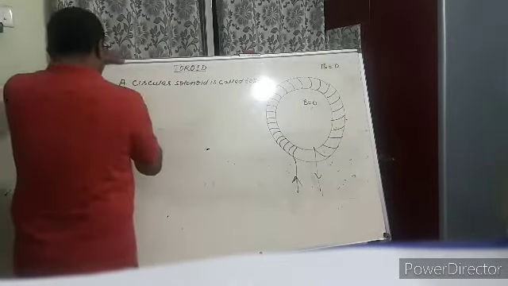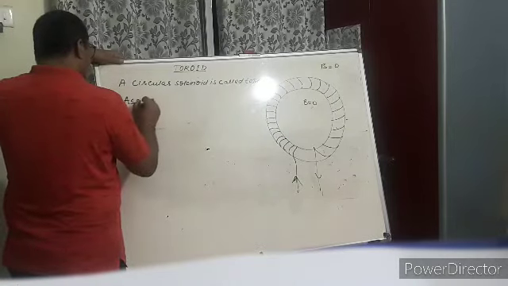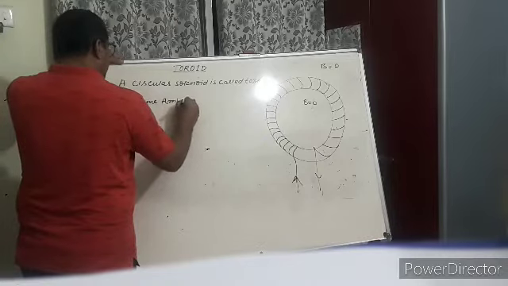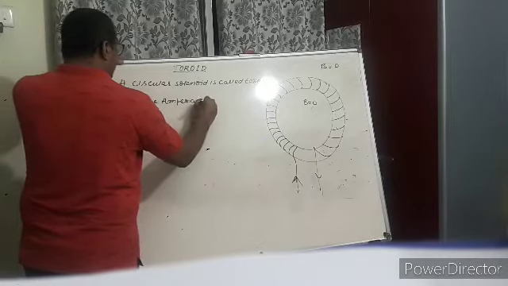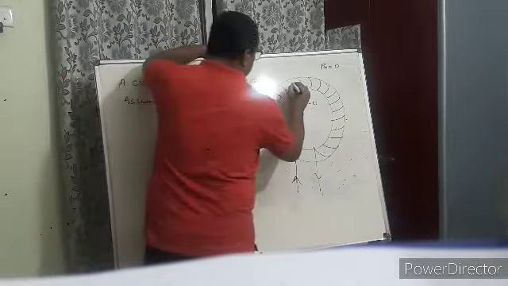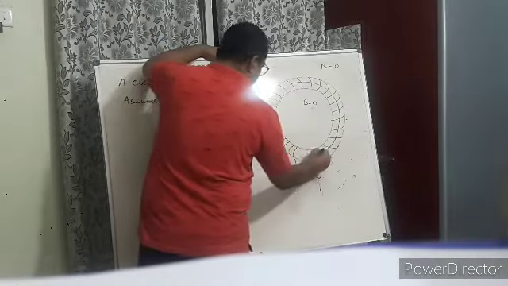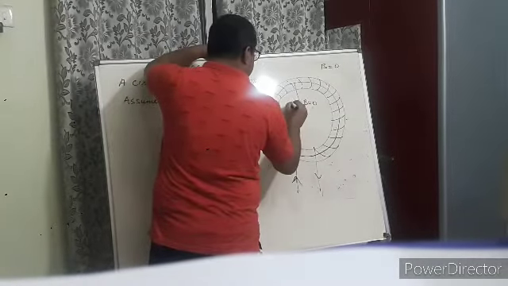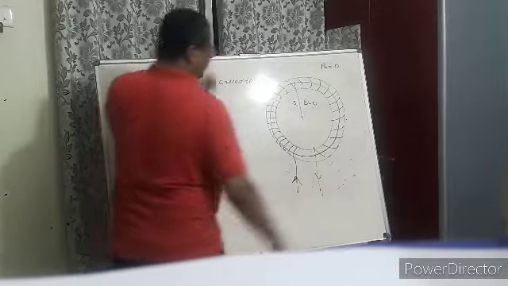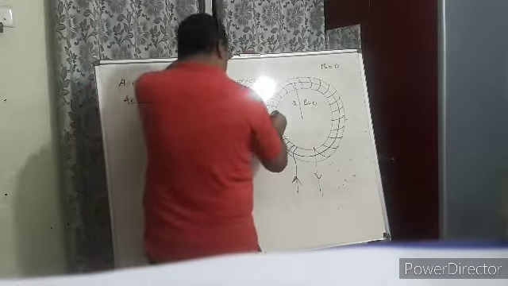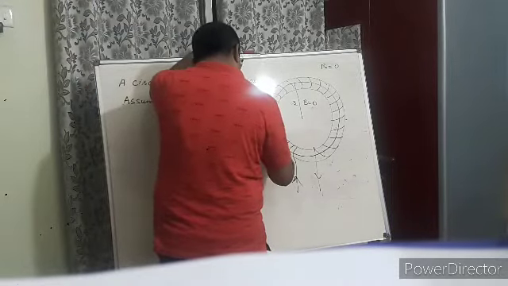So assume an Amperian loop. This is the Amperian loop whose radius is R. Here, at every point, this is the direction of the magnetic field and this is the direction of dl.